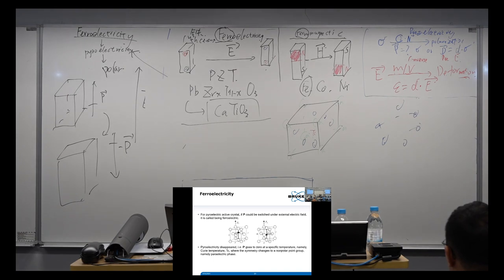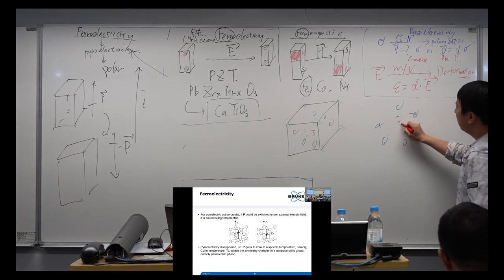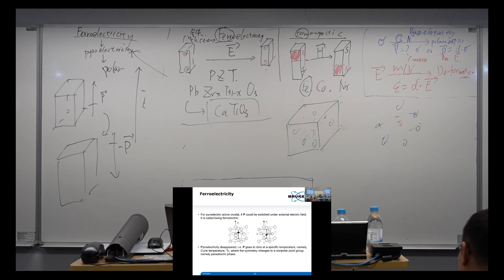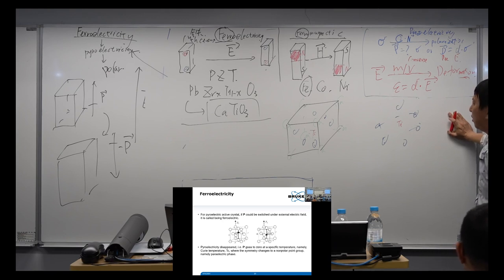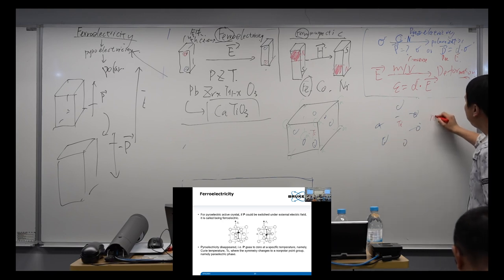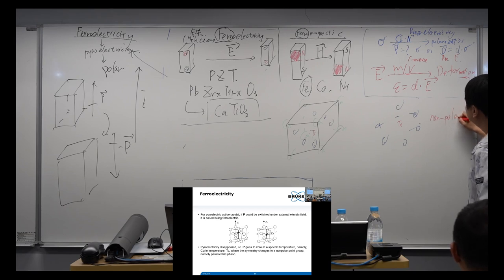So we can say this titanium is surrounded by six oxygens. Since this is completely symmetric, this one is non-polar. Right? This one is non-polar.